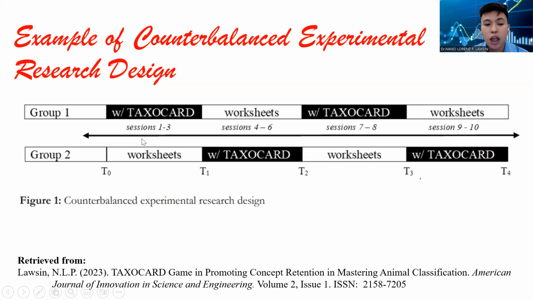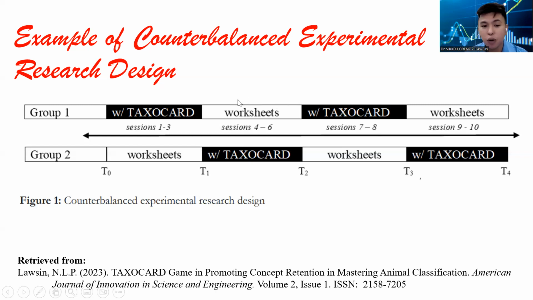Okay. In sessions 1 to 3, group 1 utilizes the Taxo Card or the card game, while group 2 only uses worksheets. After the treatment, T1 or test number 1 is given. Sessions 4 to 6 now become alternating.